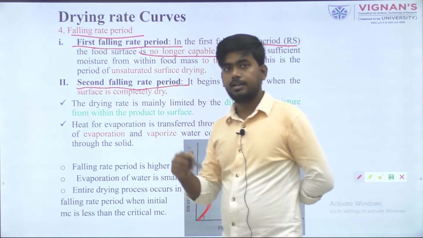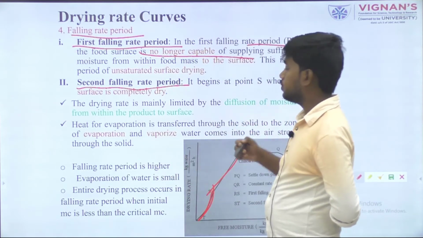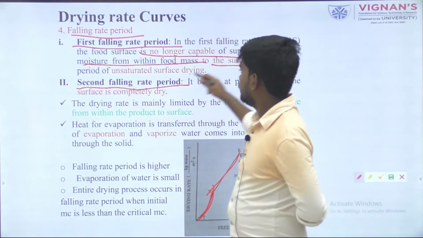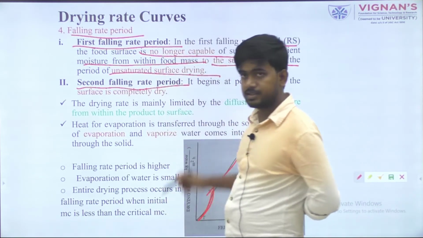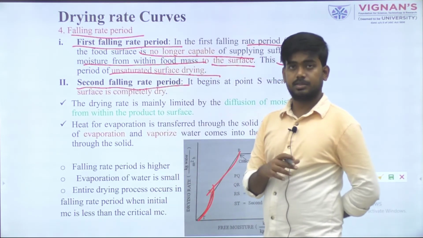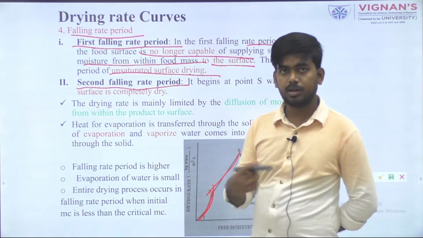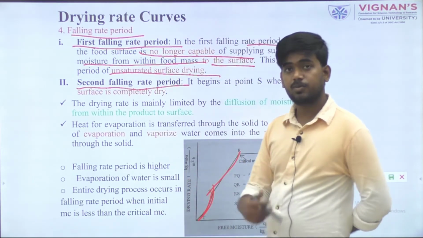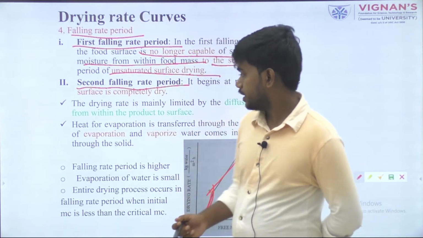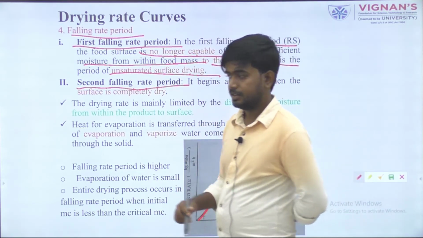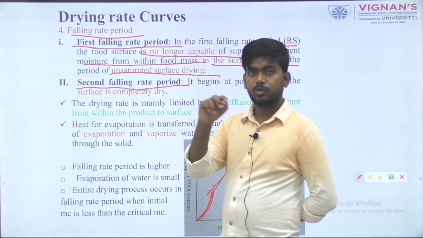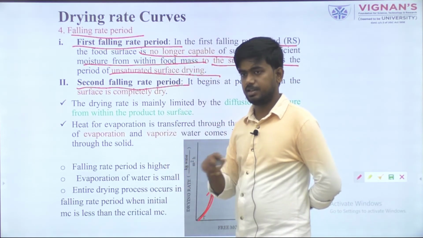Moisture no longer comes sufficiently from the interior to the surface of the food material. So this is unsaturated surface drying, and that is why the moisture removal rate is lesser. In the first falling rate period, the moisture does not come from inside to the outer surface in a systematic way.